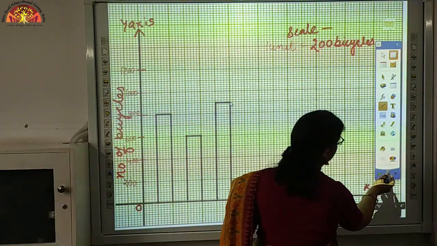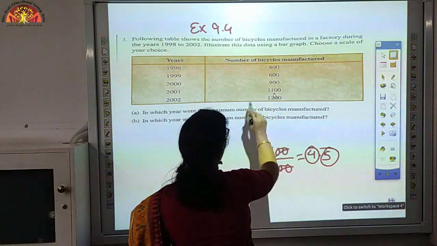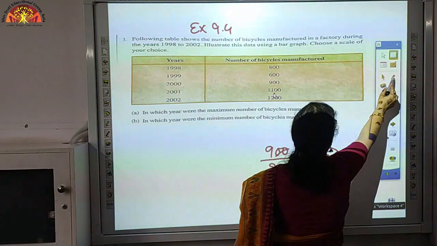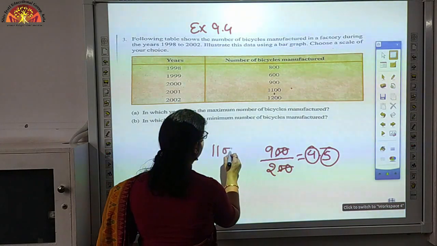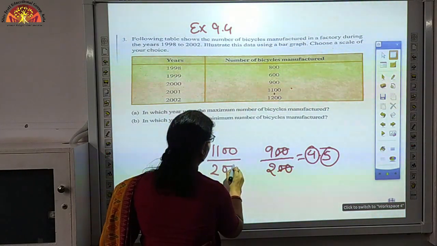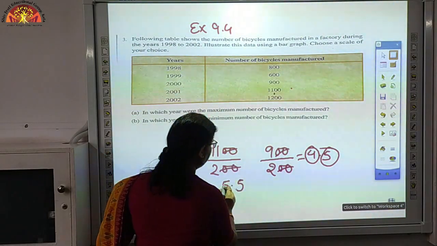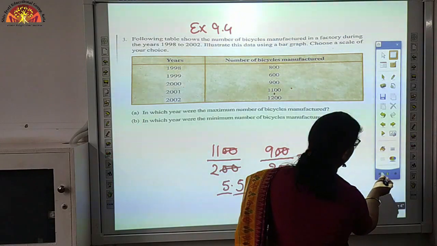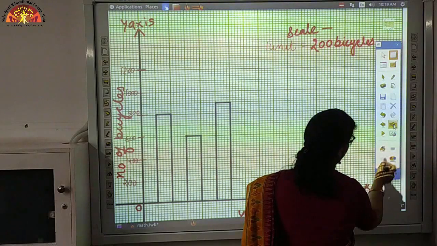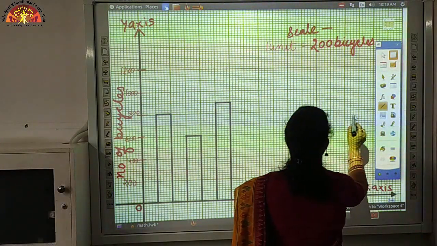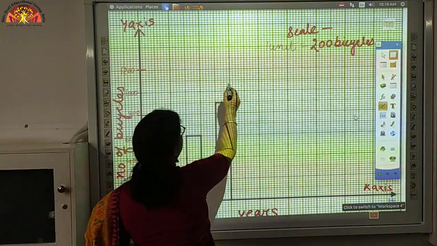Now in the next, in 2001 we have 1100. Now how will we decide how many blocks we take? 1100 is divided by 200. Again it is equal to 5.5, meaning 5 big blocks and 5 small blocks. Now in the next, 1100 shows 1100.